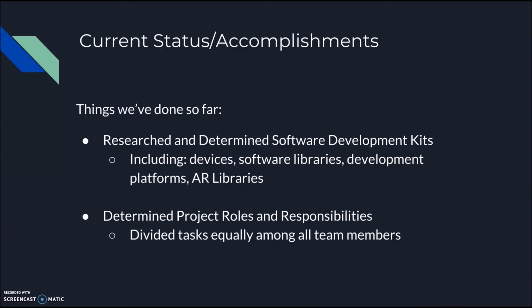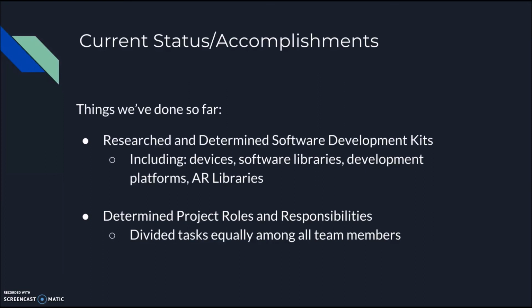For software libraries, we looked into whether there are existing fabric physics libraries out there that we can use to simulate actual cloth and t-shirt movement in real time. Or whether there are different textures so we can simulate maybe a cotton t-shirt versus a polyester blend.